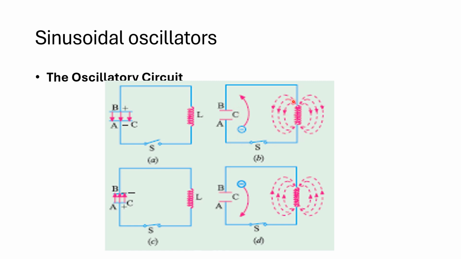As the current starts flowing from B to A, the self-induced EMF in the coil opposes it. Since the direction is from B to A, look at the direction of the self-induced EMF in the coil. It opposes the current flow, hence the rate of discharge of electrons is somewhat slowed down. Due to the flow of current, the magnetic field is set up, which stores the energy given out by the electric field.